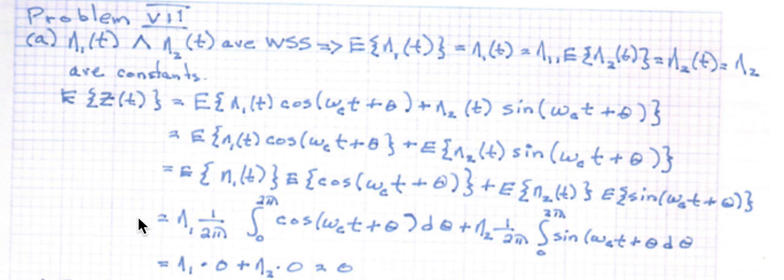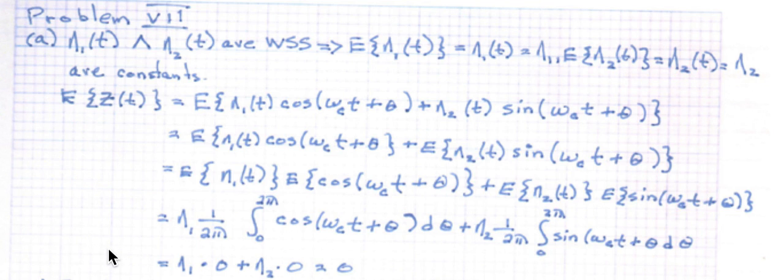In evaluation, we end up with eta sub 1 times 1 over 2 pi, the integral of the cosine of omega sub c t plus theta d theta, plus eta 2, 1 over 2 pi, the integral from 0 to 2 pi, the sine of omega sub c t plus theta d theta.